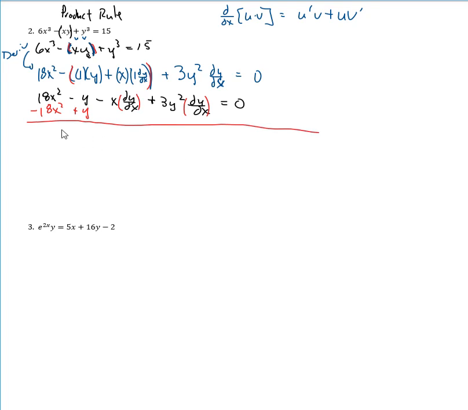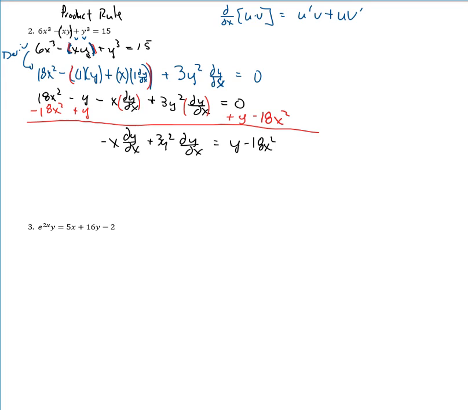They usually like the positive one first, so I'm going to do plus y minus 18x squared on the other side. It's the same thing, I just put it in a different order. On my left side, I have the negative x dy/dx plus 3y squared dy/dx equals y minus 18x squared.